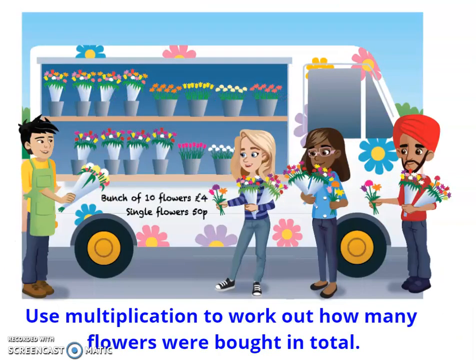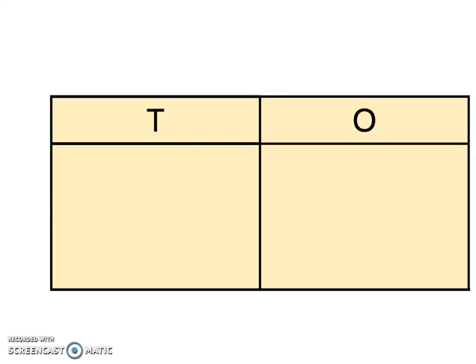Now my second question was asking me to use multiplication to calculate the same one. So I'm going to think about the number sentence that I'm going to be using for this. My picture shows me I've got 3 people and they've each got 23 flowers. So nice and simply, I've got 3 lots of 23, 3 times 23. Now I'm going to use my place value grid to help me work this out.